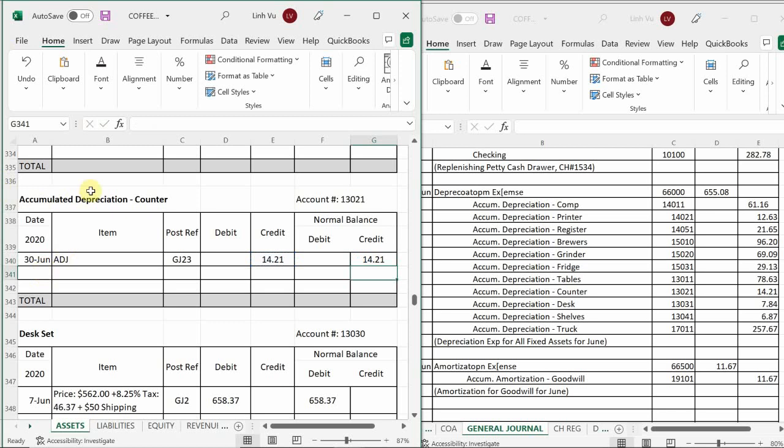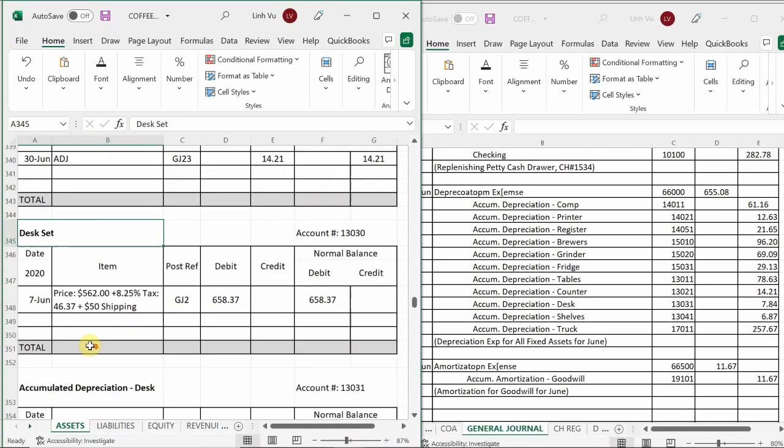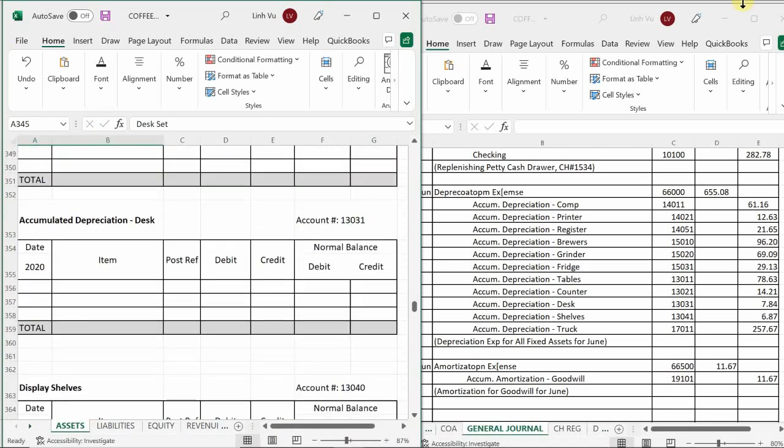Okay. The desk set gave me an accumulated depreciation credit of $7.84.